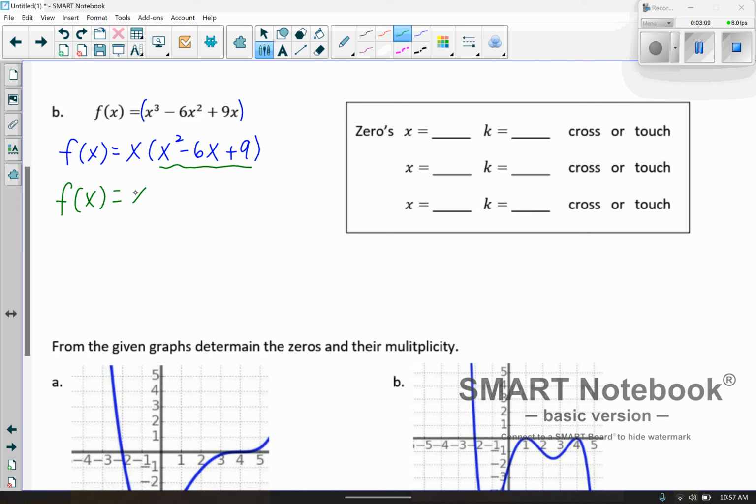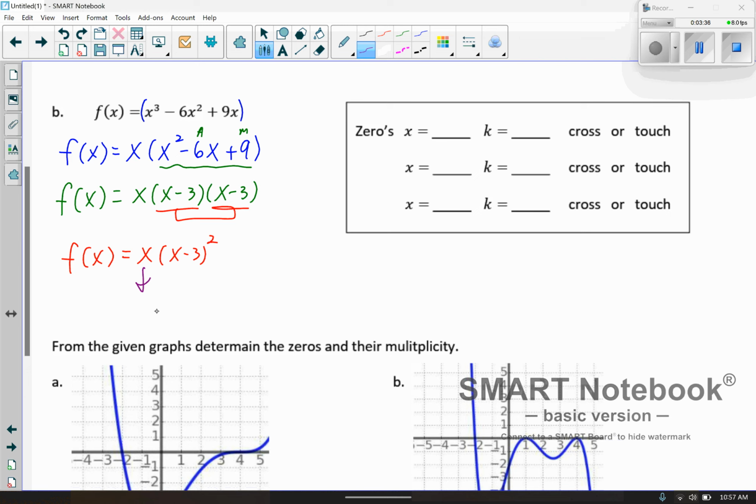What multiplies to give me 9 but adds to -6? That would be x minus 3 and x minus 3. If you have common factors, you want to bring them together, so we rewrite this as x times x minus 3 squared. Now we can see that multiplicity value.